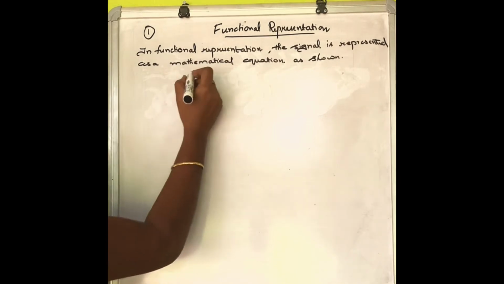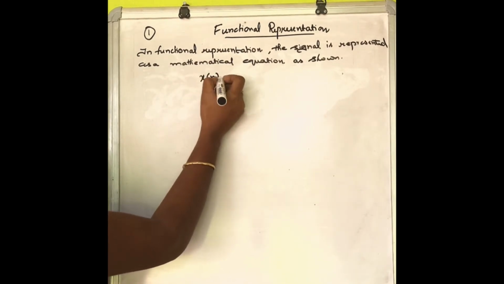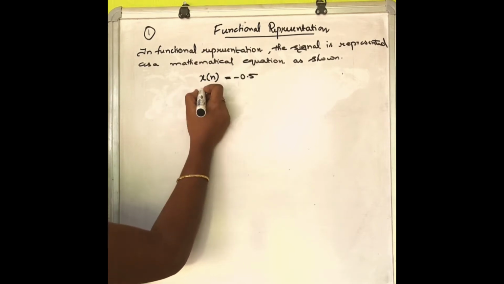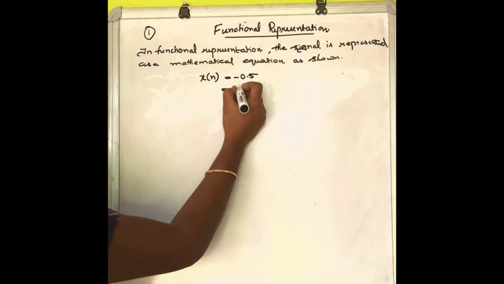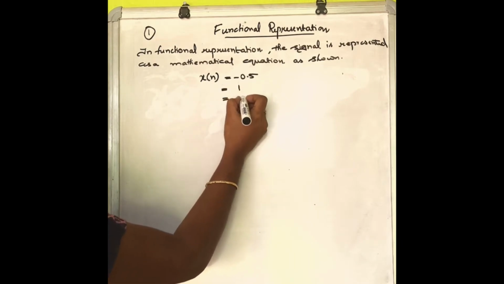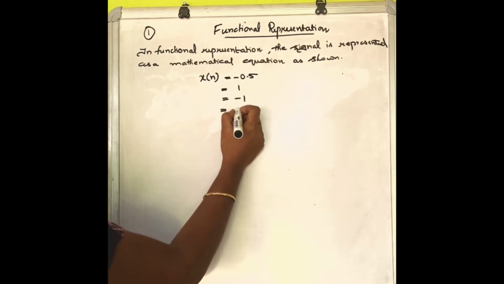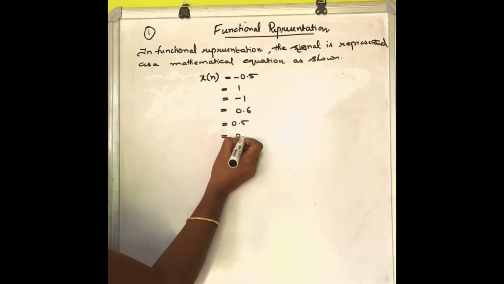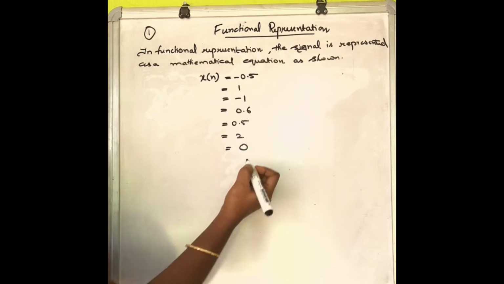So here we take x of n. x of n is equal to -0.5, 1, -1, 0.6, 0.5, 2 and 0.